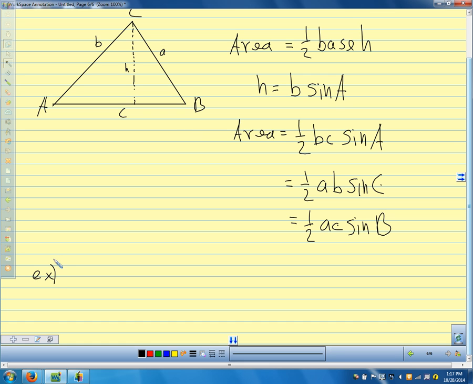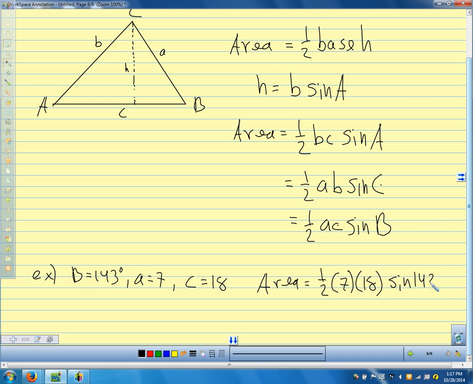So if we had a triangle, for example, that had B equals 143 degrees, A equals 7, and C equals 18, the area equals 1/2 times 7 times 18 times the sine of 143 degrees.